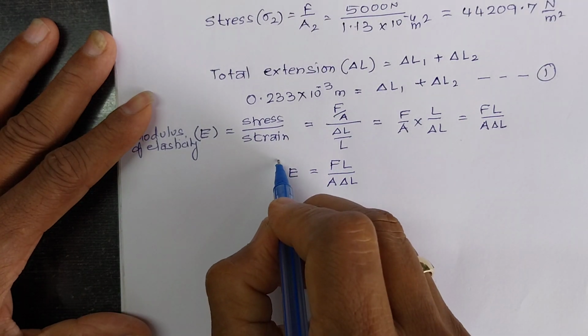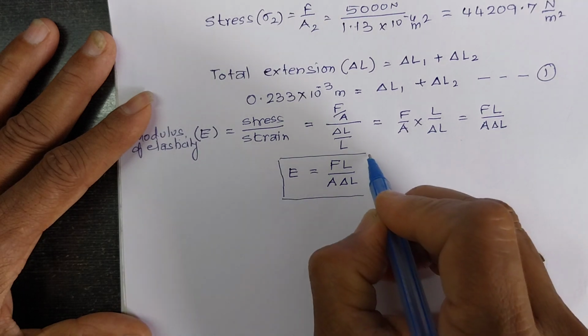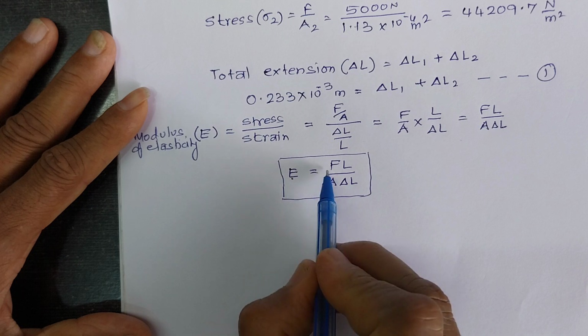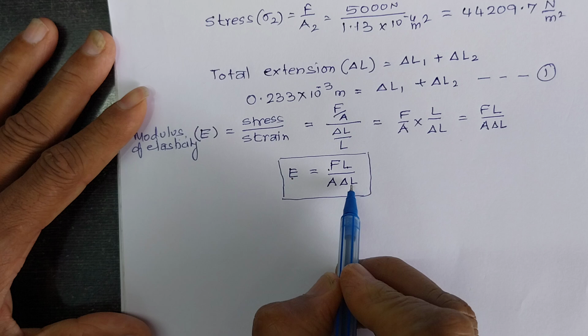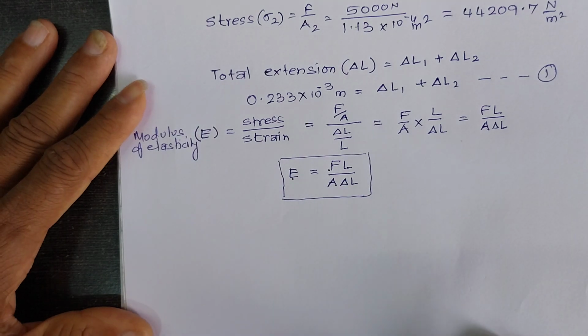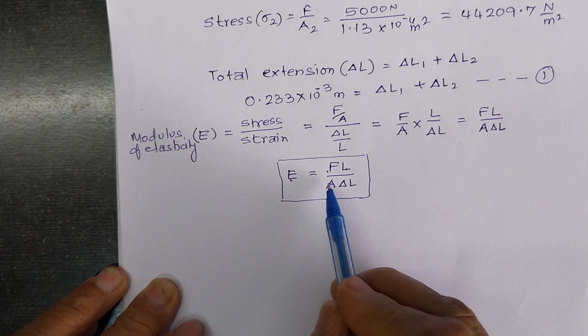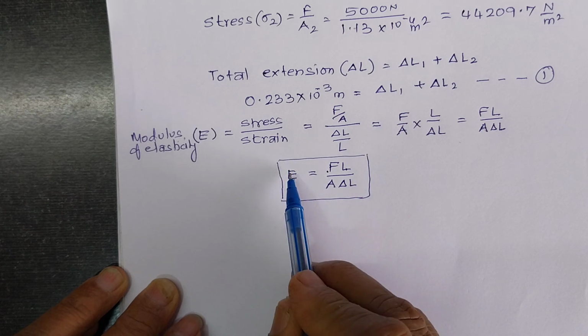Now please note that this equation is the fundamental equation in this case and has 5 parameters: modulus of elasticity, force, total length, cross-sectional area in that case, and a change in length. Now you can receive a numerical in which any 4 of the parameters are given and you will be required to find the 5th one.